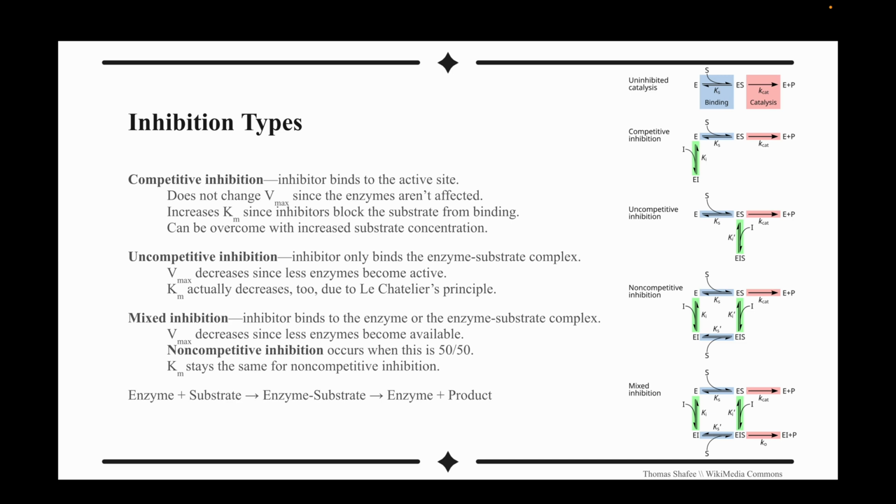I recommend that to master these inhibitions, you write out this statement here, and then you edit it to include all these types of inhibitions, and you really work to understand why this changes Vmax and Km. Once you understand why, you'll always be able to reason it out, and you won't have to rely on memorizing, which can be very difficult to rely on once you get nervous when you take your MCAT.